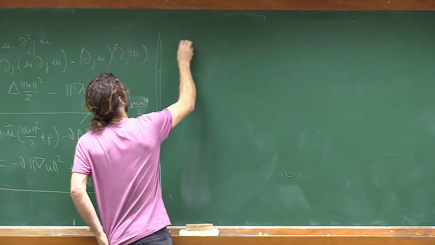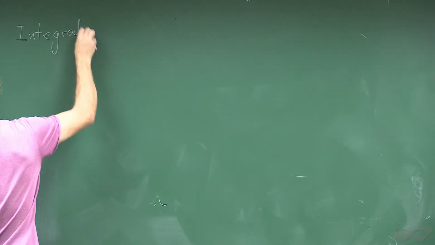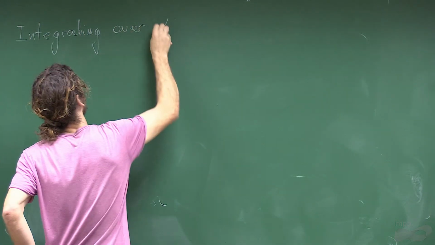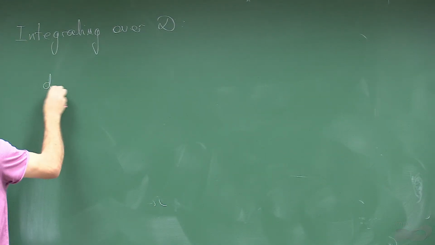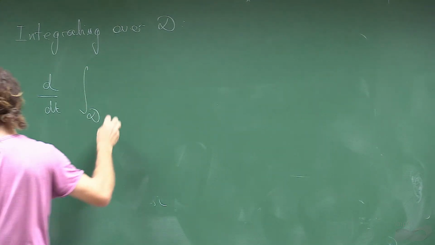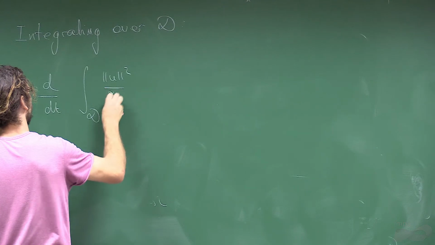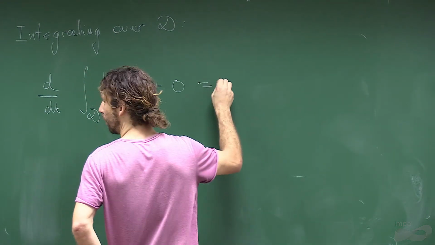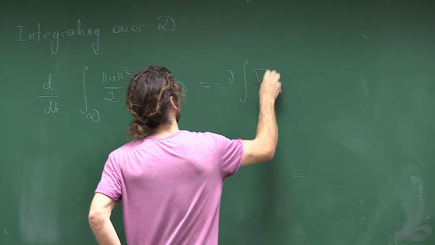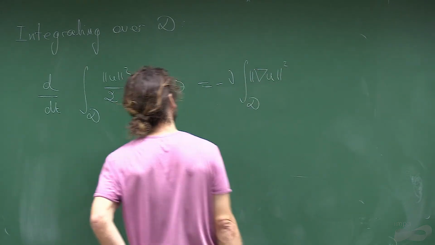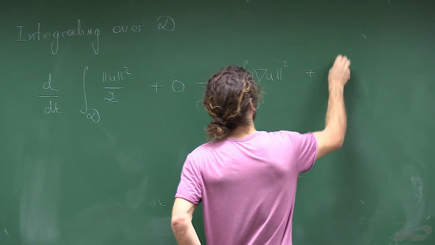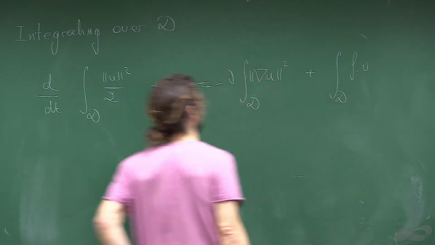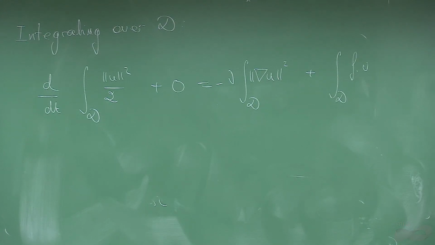So integrating over the domain D, we obtain d over dt of the integral over D of u squared over 2 plus 0 is equal to minus nu times the integral over D of the gradient of u squared, plus the integral over D of f dot u.